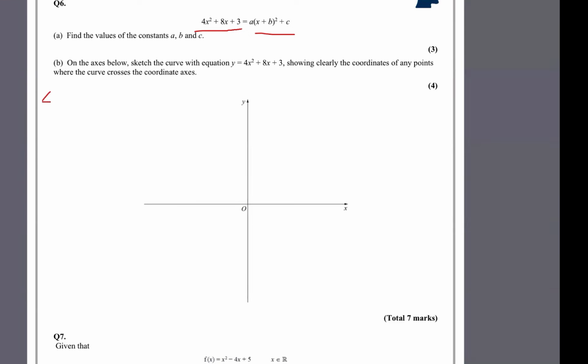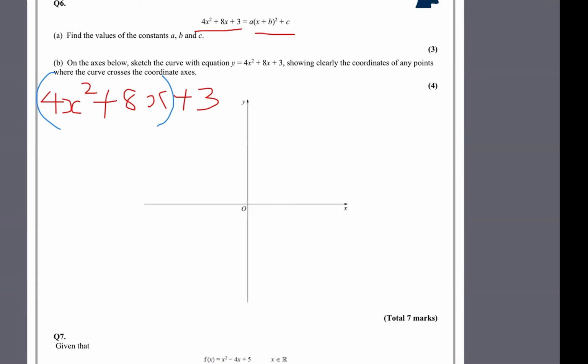So the first thing we are going to do here, let me write out the question. We have 4x squared plus the 8x, then plus 3. So the first thing here, I would be grouping it this way, such that the 4x squared and the 8x are grouped together and the 3 left on its own.